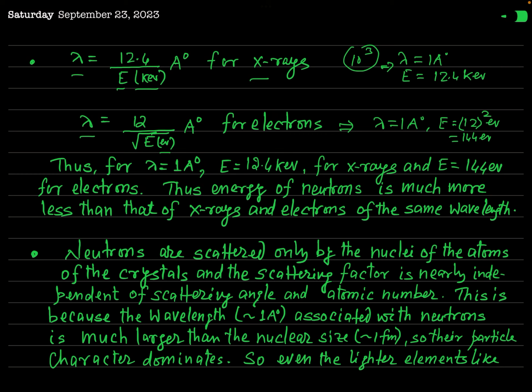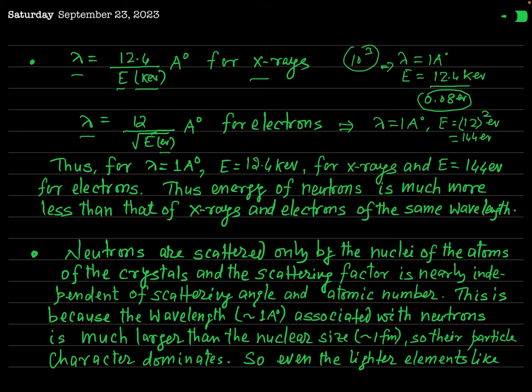If we take electron, neutron and X-ray of the same wavelength 1 angstrom, then the energy of neutron, you have seen, is only 0.08 electron volt. This is for neutron. And for X-ray, this is 12.4 kilo electron volt, which means 12,400 electron volt.